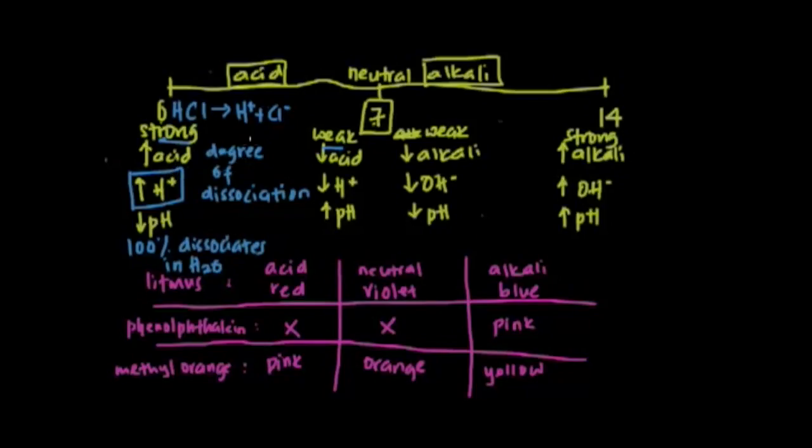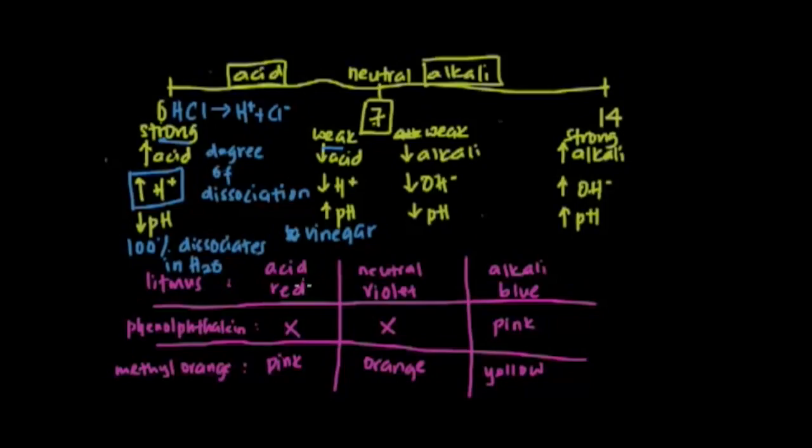How about a weak acid? Well, weak acids do not dissociate 100%. Only a small percentage is dissociated. For example, ethanoic acid, or what we commonly know as vinegar, is considered a weak acid. When I put it in water, only 0.4% of the molecules ionize to produce hydrogen ions.